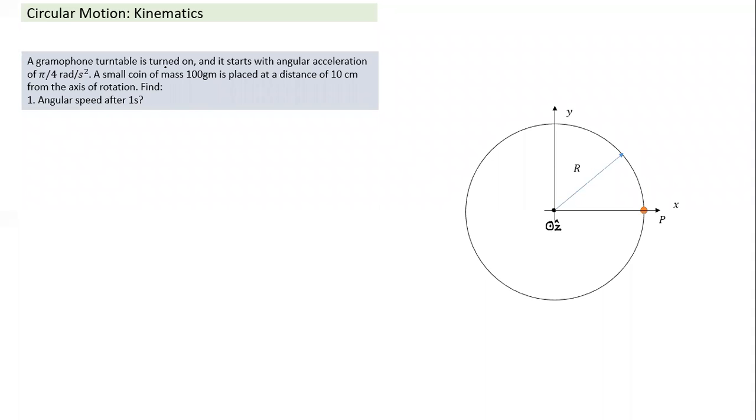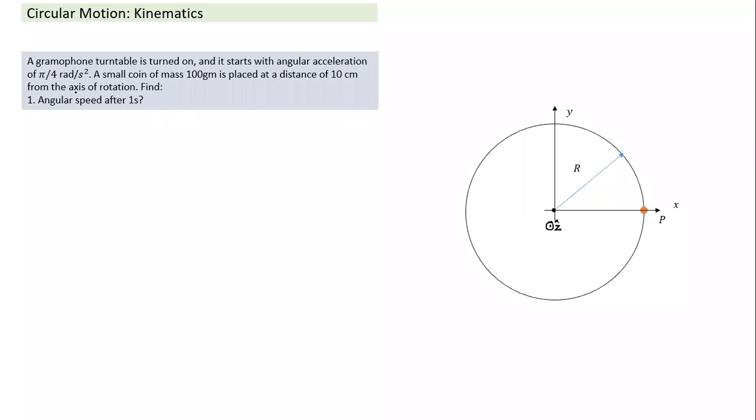The turntable starts with an angular acceleration of pi by 4 radian per second square. A small coin of mass 100 gram is placed at a distance of 10 centimeters, r, from the axis of rotation.